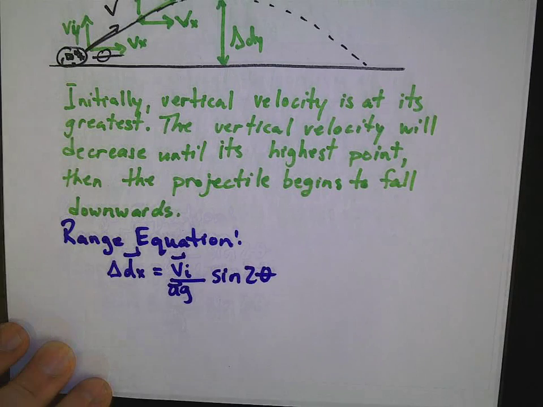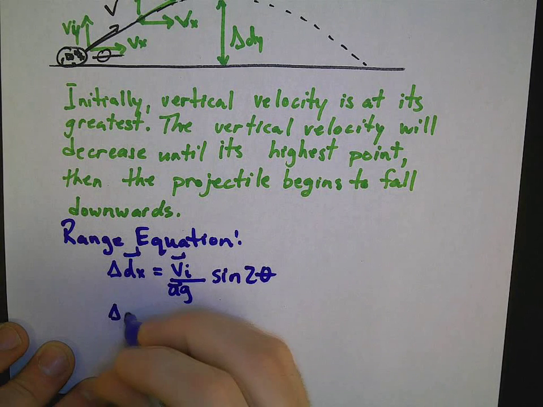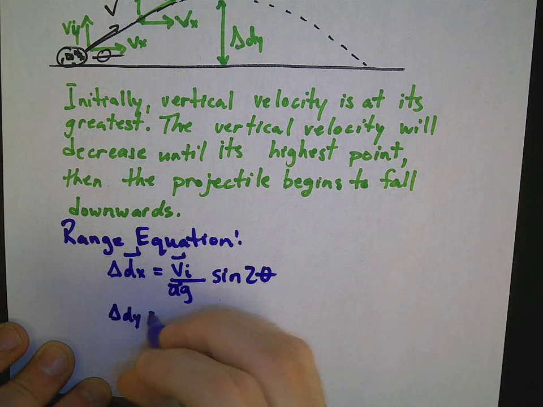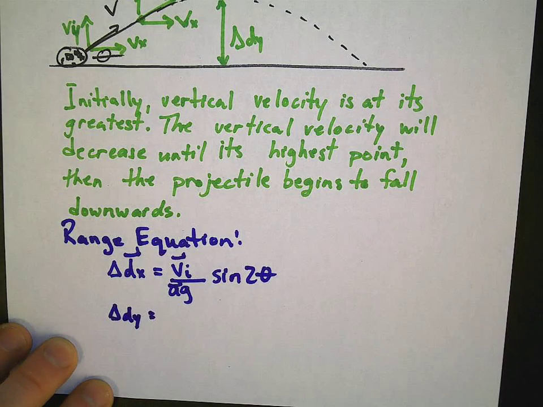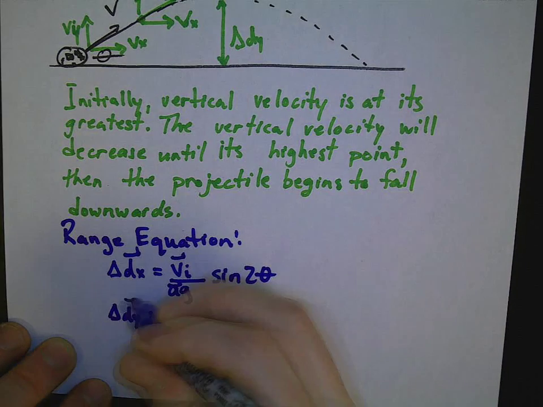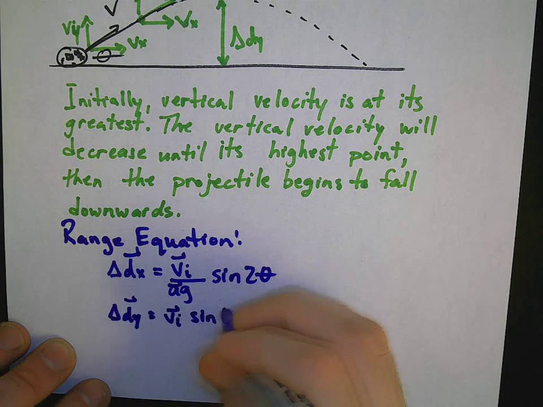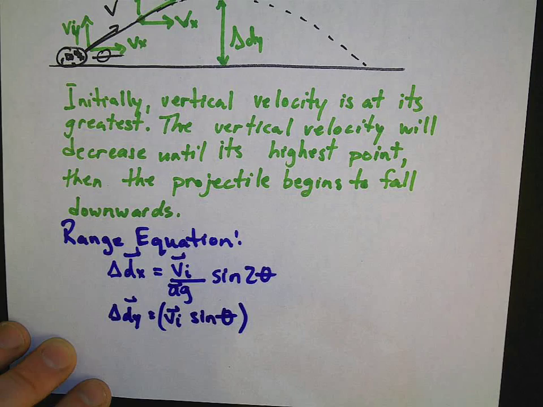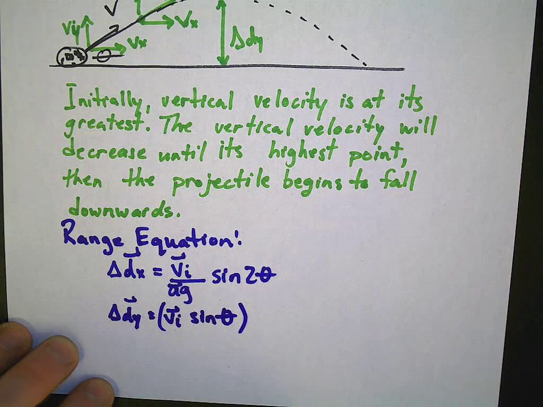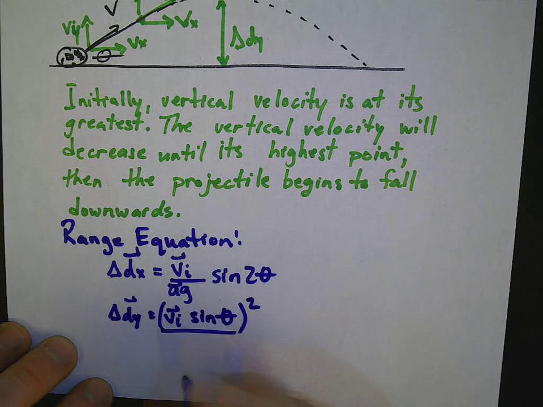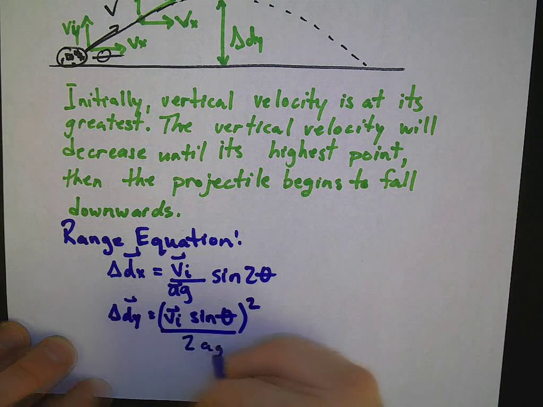Meanwhile, our maximum height, when it lands and begins in the same spot, is our initial velocity vi sine theta, squared, all over 2 times our acceleration due to gravity.